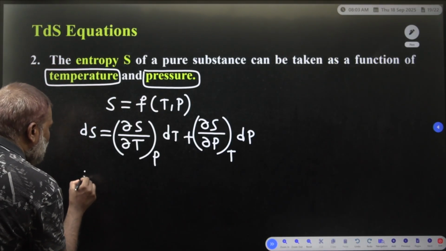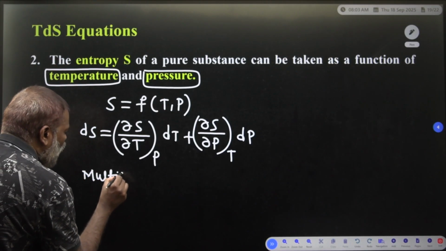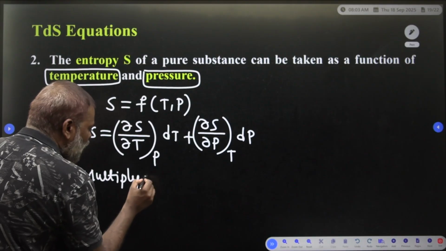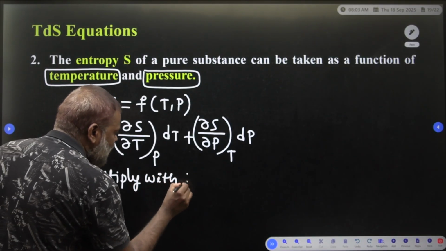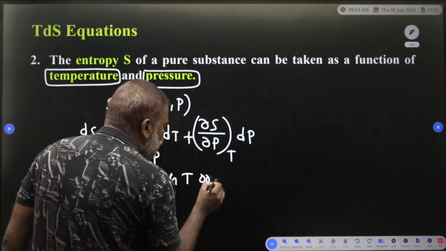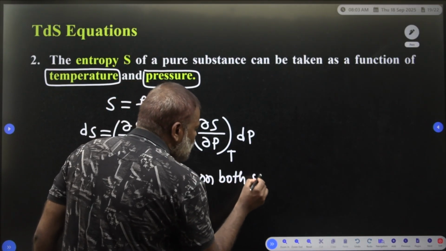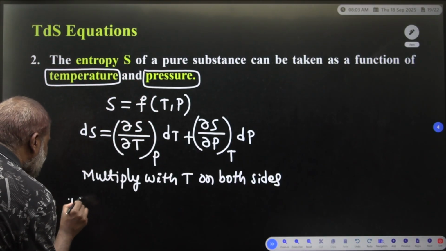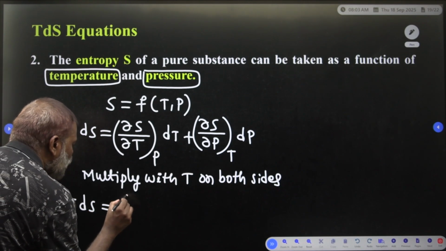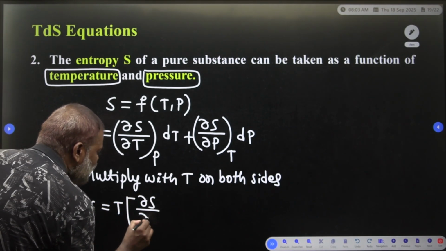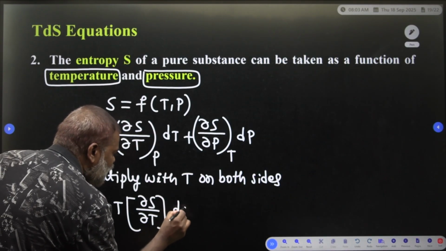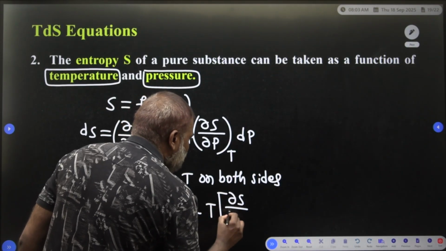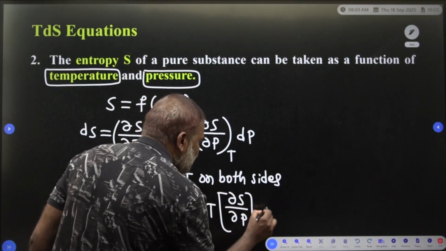Following the similar procedure, multiply the above expression on both sides by T. So TdS is equal to T(∂S/∂T) at constant pressure into dT plus T(∂S/∂P) at constant temperature into dP.